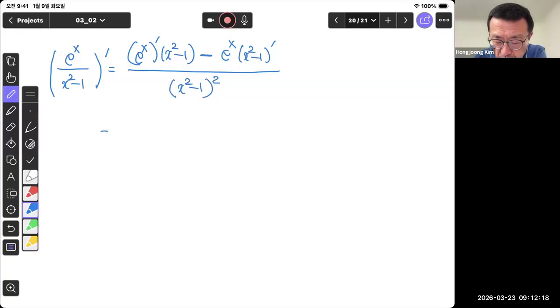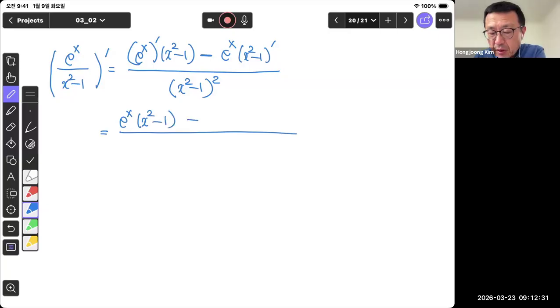So when I differentiate e to the x in the numerator, you get e to the x multiplied by x squared minus 1 minus e to the x times the derivative of x squared minus 1. If you differentiate x squared, you get 2x. If you differentiate negative 1, you get 0. And then we have x squared minus 1 squared.